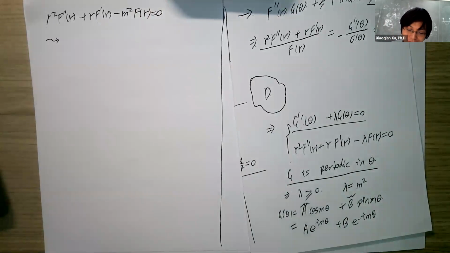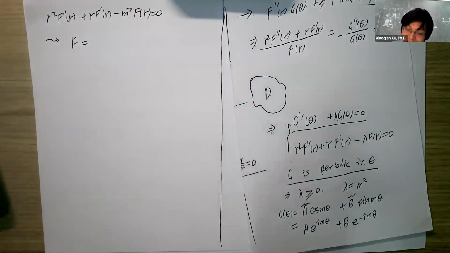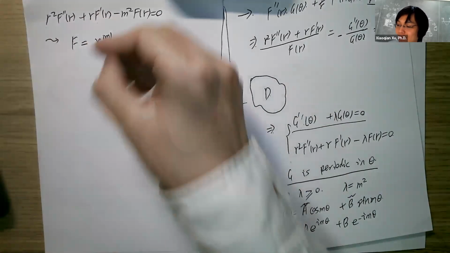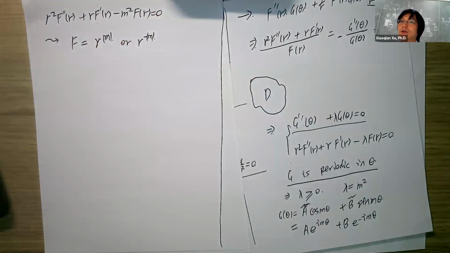Each time you take a derivative, you get one additional r. So it's easy to imagine your f should be something like r to the m, if m is positive, or r to the minus m. So f could be r to the m or r to the minus m.